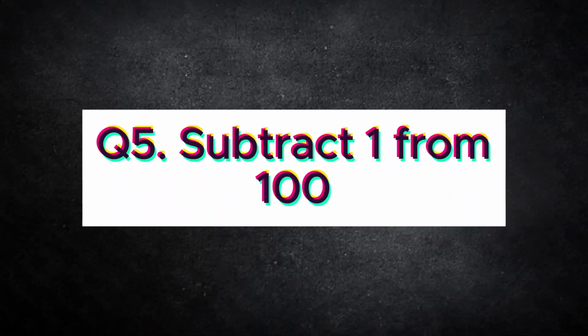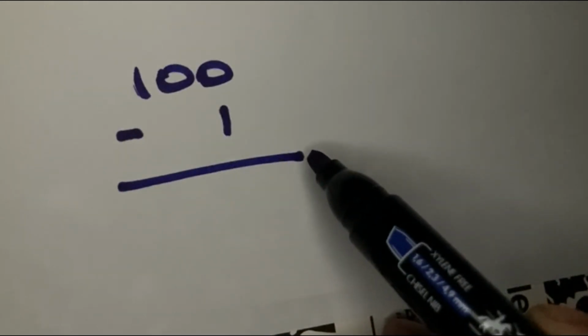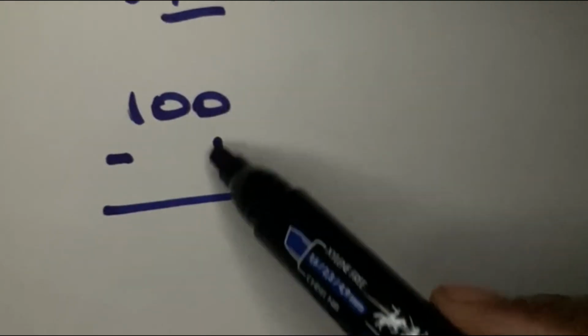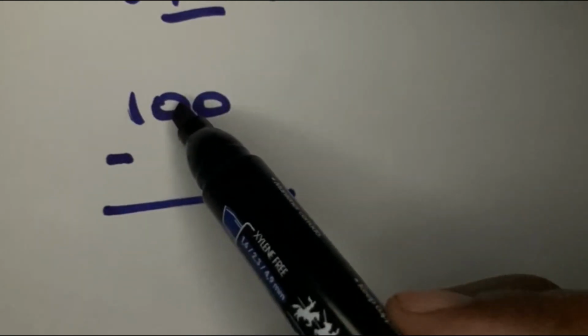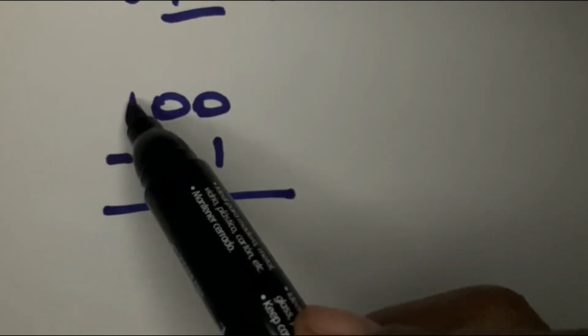Let's continue. Next example will be 100 minus 1. 100 minus 1. Okay, 0 minus 1 we cannot subtract, and we cannot borrow from the next one either, therefore we have to go all the way to this side.